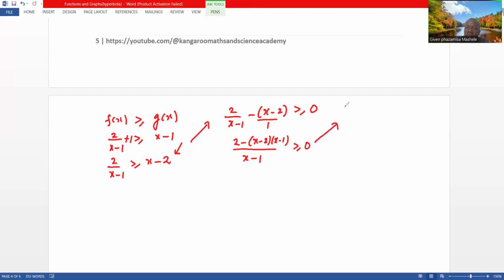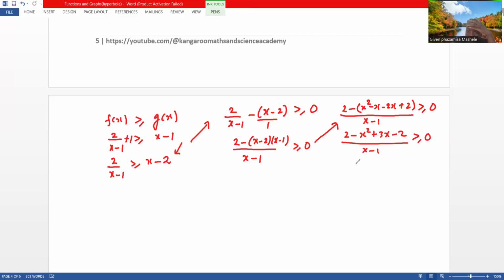Removing brackets, 2 minus (x squared minus x minus 2x plus 2) divided by x minus 1, greater or equal to 0. Then 2 minus x squared plus 3x minus 2, divided by x minus 1, greater or equal to 0.